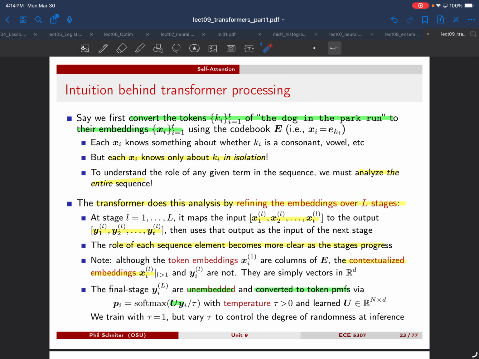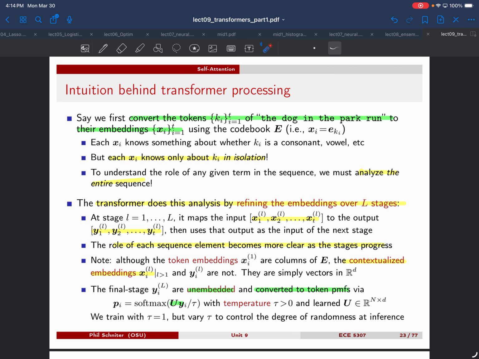We will always refer to X as the input and Y as the output. Here, I'm just denoting the stage in a superscript, L, little l. And as you go from one stage, you take in X and you output Y. Then for the next stage, those Ys are the input for the next stage. And we call the embeddings at the intermediate stages contextualized embeddings, whereas the ones at the very input would be token embeddings.